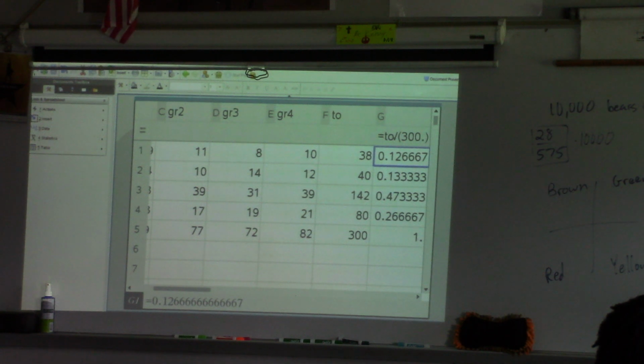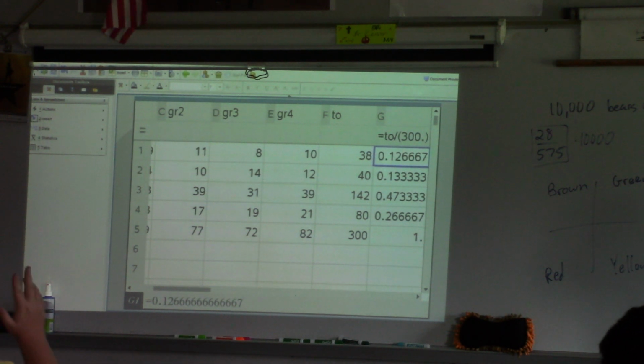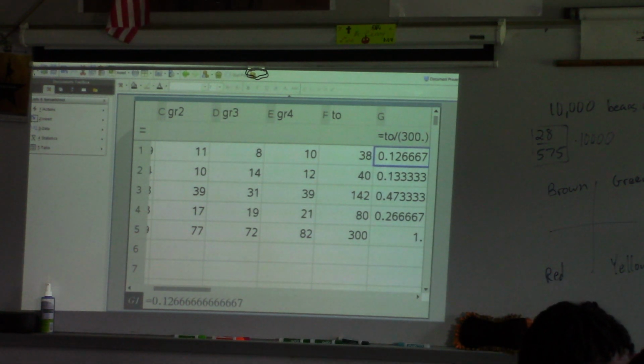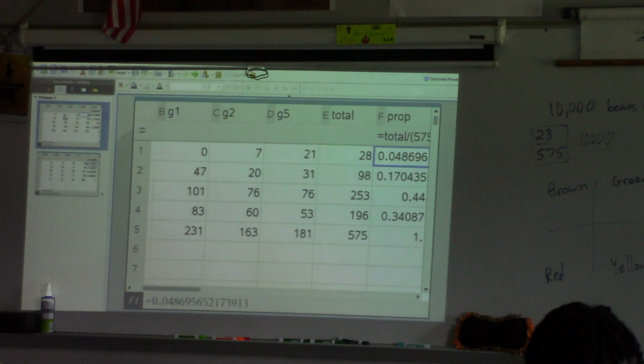Wait a second. What did we say our proportion was earlier for the brown M&Ms? Total divided by 3. What was the brown? 575.